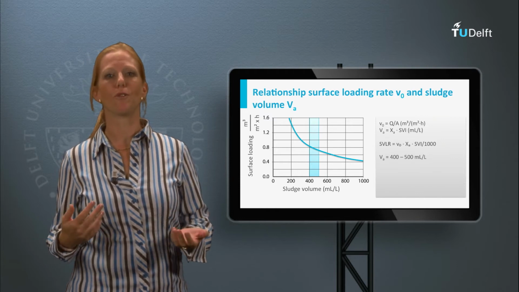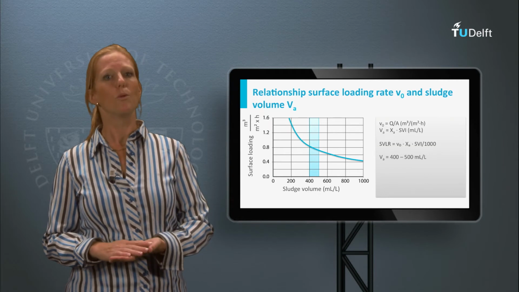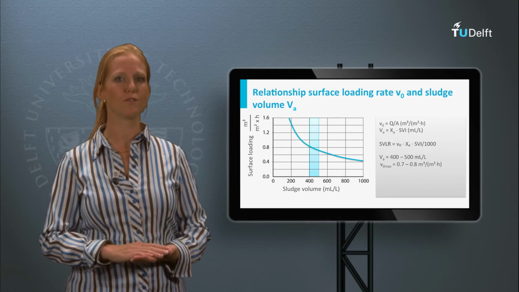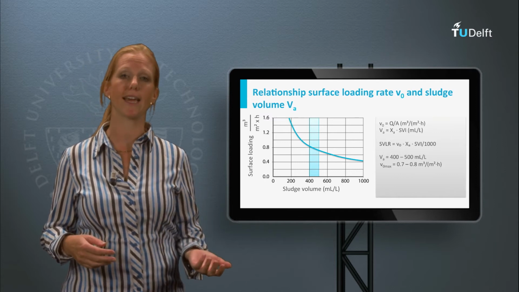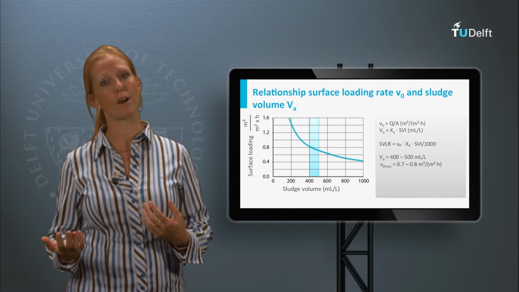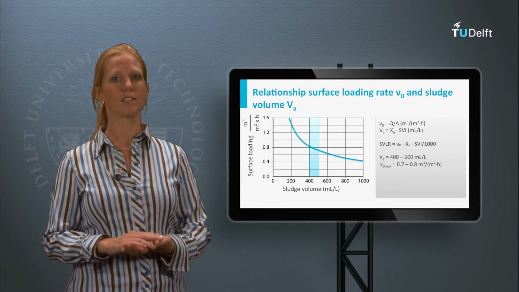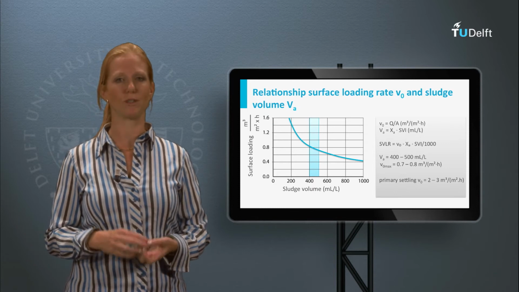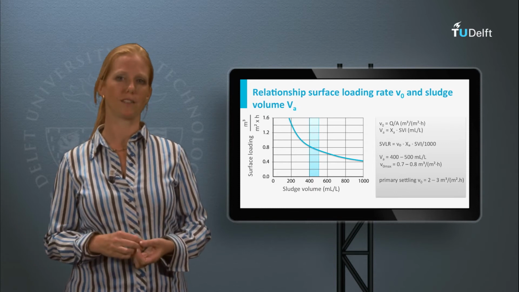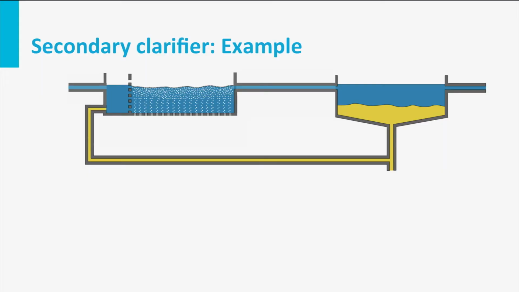Generally, the sludge volume lies between 400 and 500 milliliter, which means that the general surface loading rate is between 0.7 and 0.8 cubic meters per square meter per hour. To compare, the surface loading rates for primary settling tanks generally lie between 2 and 3 cubic meters per square meter per hour. Now we will practice to design a final clarifier.